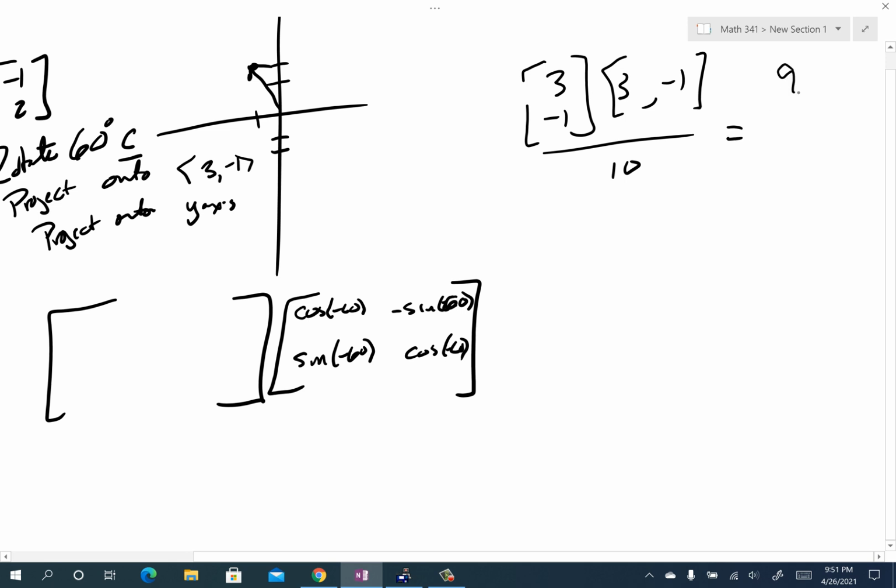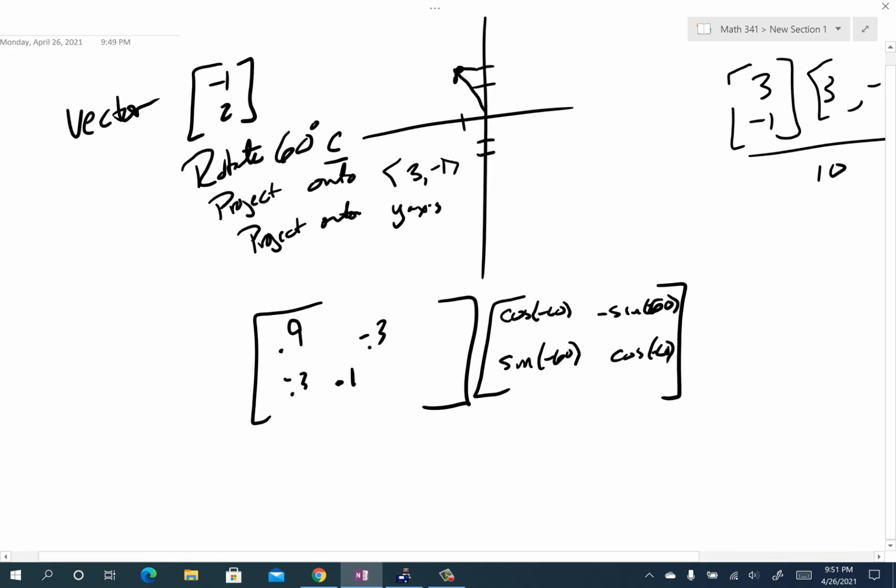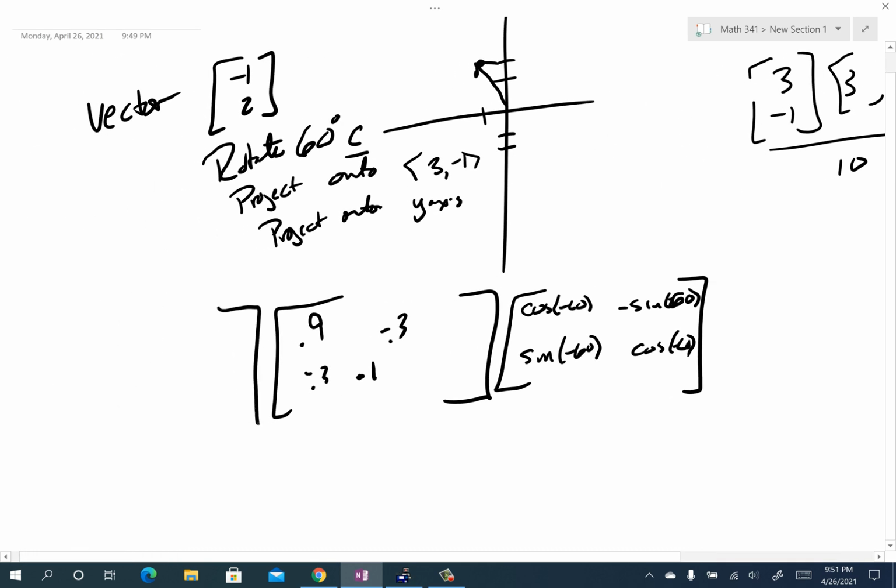So that's going to be 9, negative 3, negative 3, 1, all over 10. Yay. And then let's project onto the y-axis, which is the same one we did earlier.